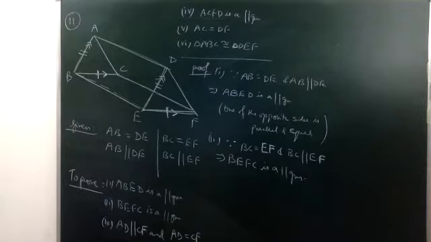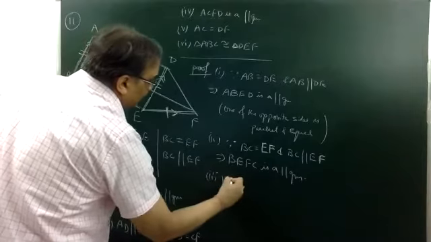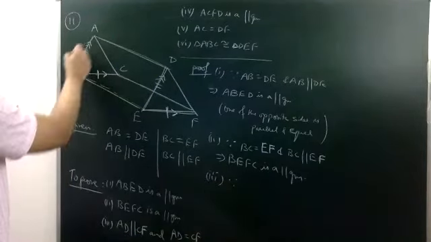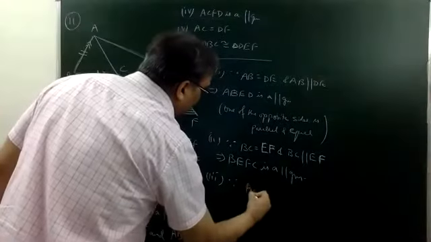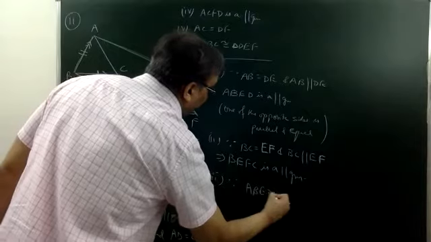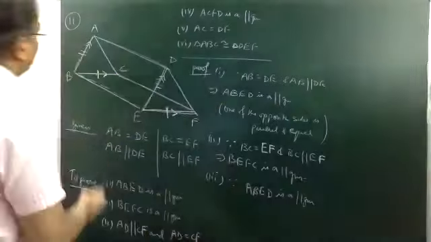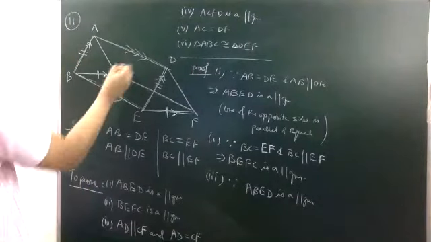थर्ड पार्ट में आ जाते हैं. अब देखो थर्ड पार्ट, since ABED is a parallelogram, तो ये अगर पैरेललोग्राम है तो ये जो साइड है ये इसके पैरेलल हो जाएगा.